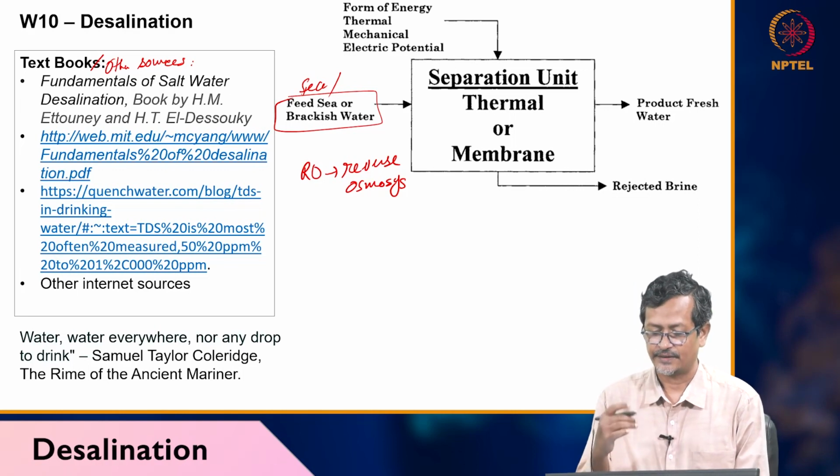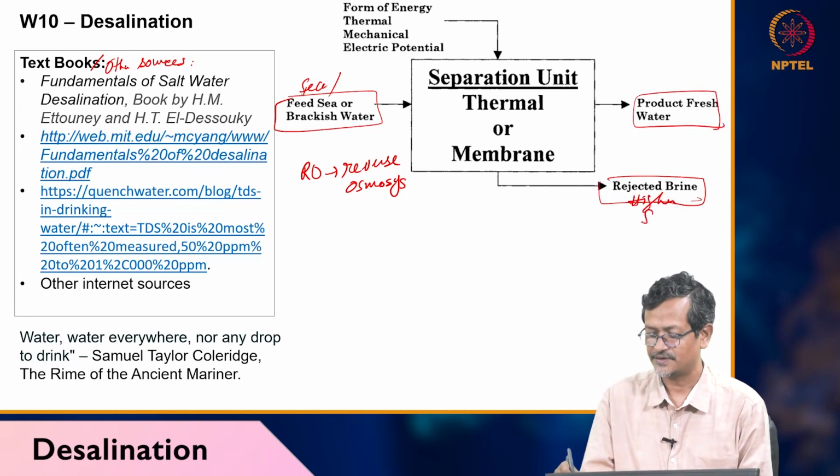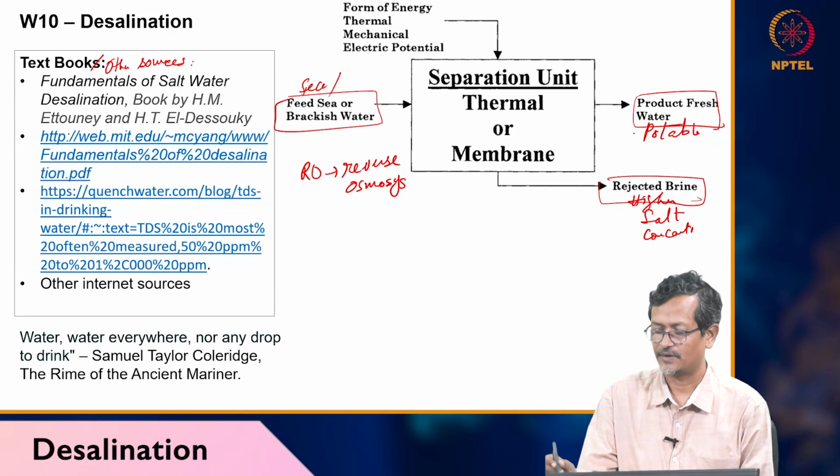When you desalinate, you get two products: fresh water for drinking or other purposes, and reject brine, which has a higher salt concentration.